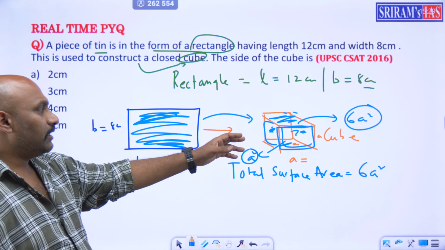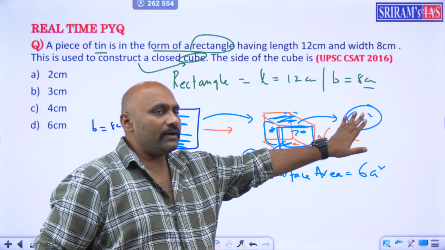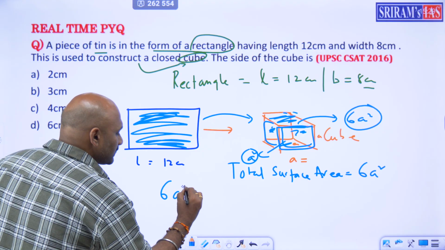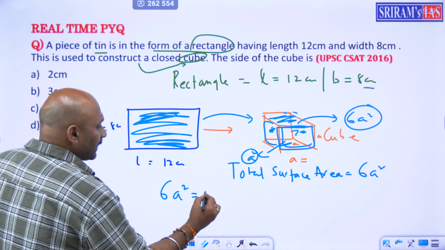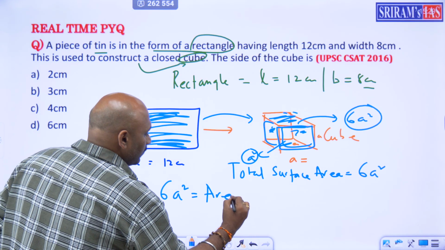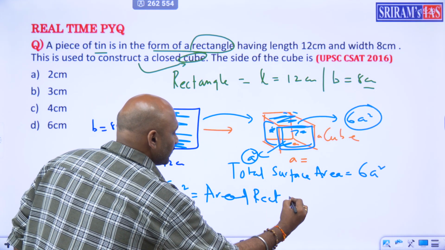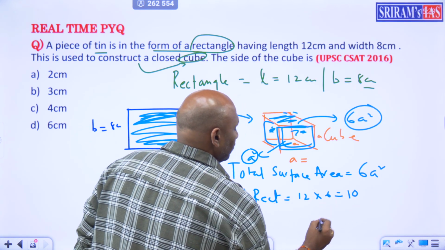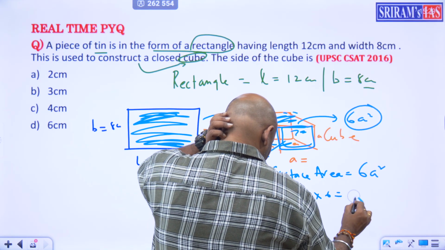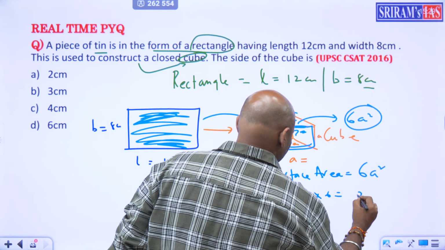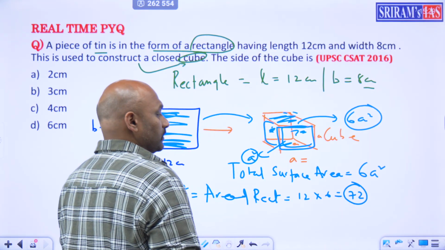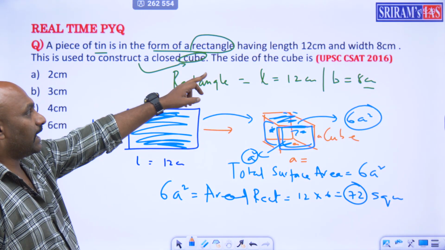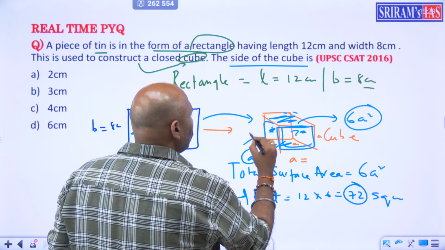Now, the area of the rectangle gets converted into the total surface area of the cube. Therefore, 6a square is equal to the area of the rectangle. He is not asking for this, he is asking for the side of the cube, that means the value of a.